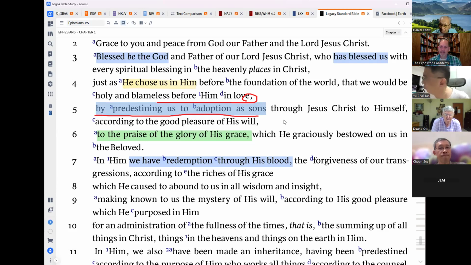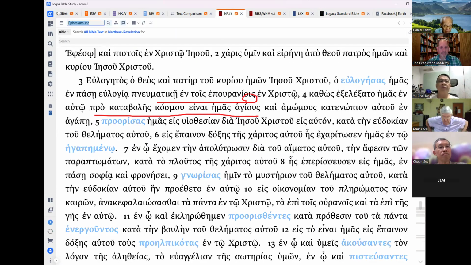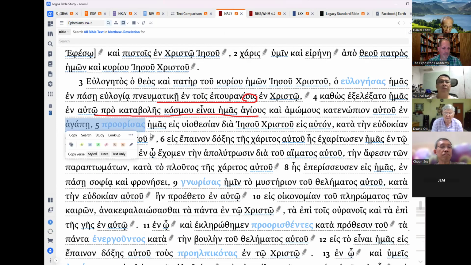So this is exactly the question that Chunsi had. In actuality, if you go to the original Greek, here at the end of verse 5, it says in love, and then there's that word in blue.